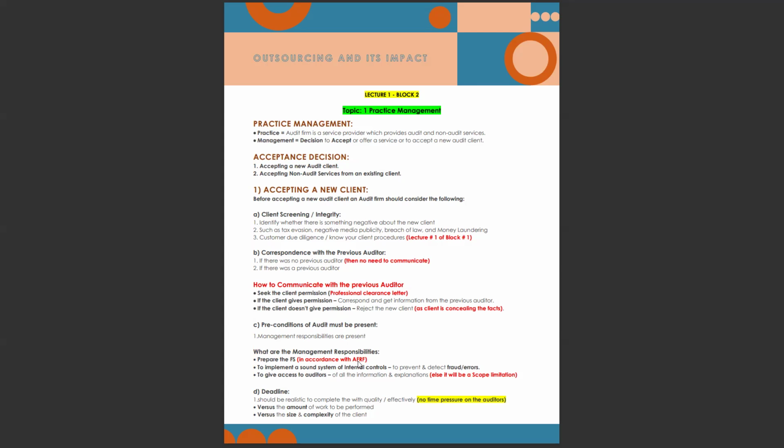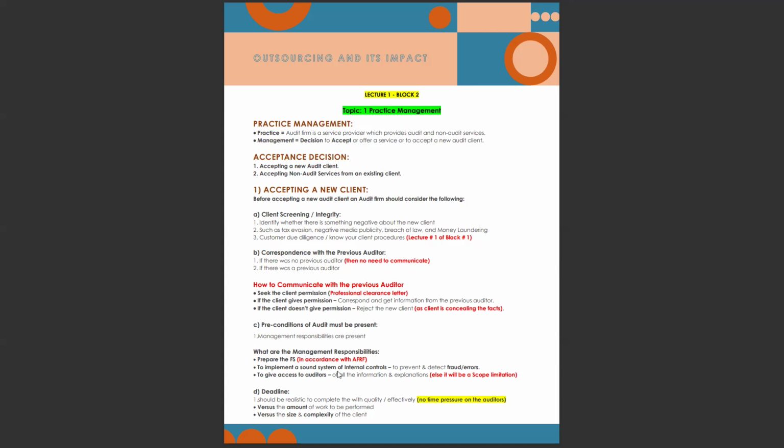Applicable financial reporting framework is a law which is applicable on the client where the client is located. Let's say client is located in any country where IFRS is not applicable, so it means there is another law which is applicable. So we have to ensure whether the financial statement is prepared in accordance with AFRF, applicable financial reporting framework.